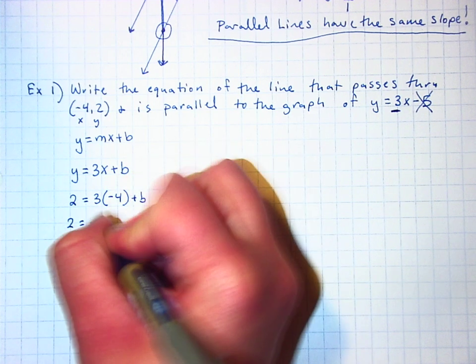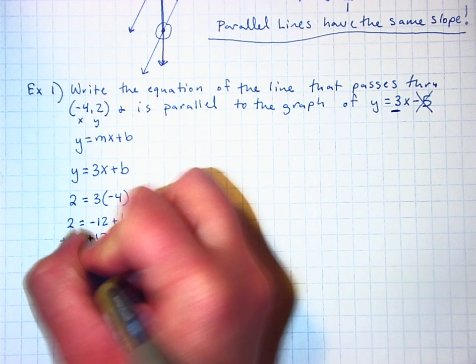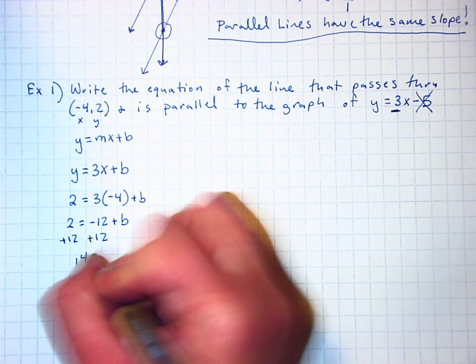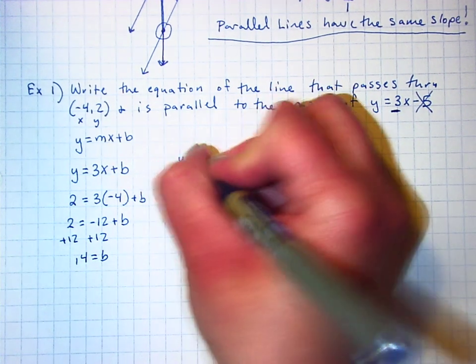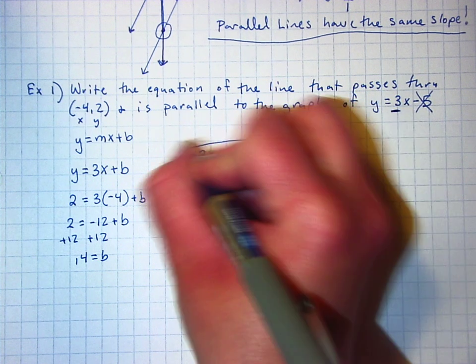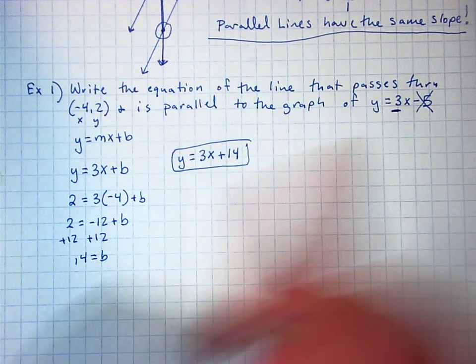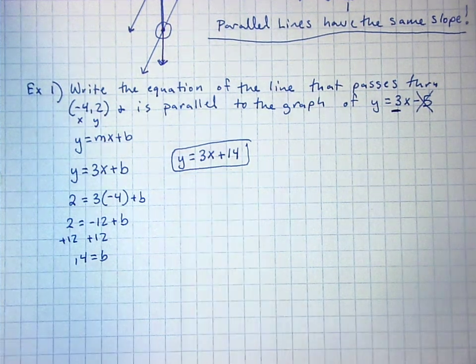That's 2 equals negative 12 plus b. Add 12 to both sides to solve it, and you get 14 equals b. So my final equation is y equals 3x plus 14, because my slope was 3, and my y-intercept, my b, is 14.